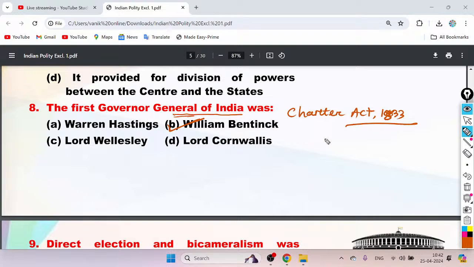Lord William Bentinck had the distinction of becoming the first Governor General of India in 1833, as provided under Charter Act 1833. And Lord Warren Hastings was the first Governor General of Bengal. Okay, these are the famous things. Number 8, answer B.